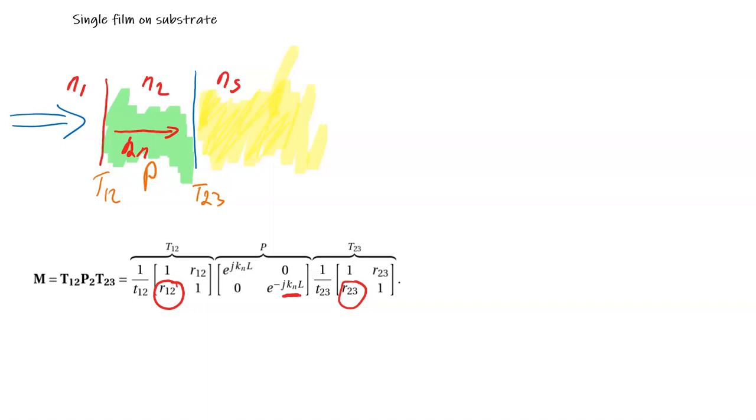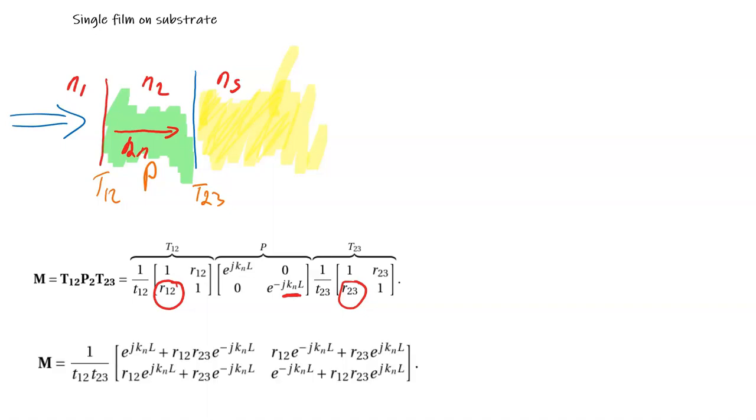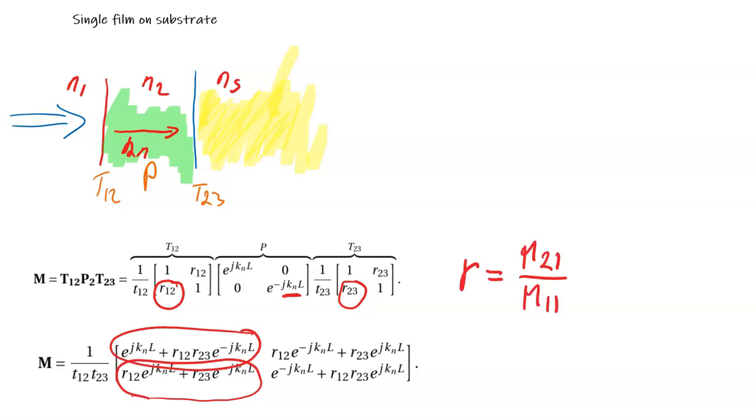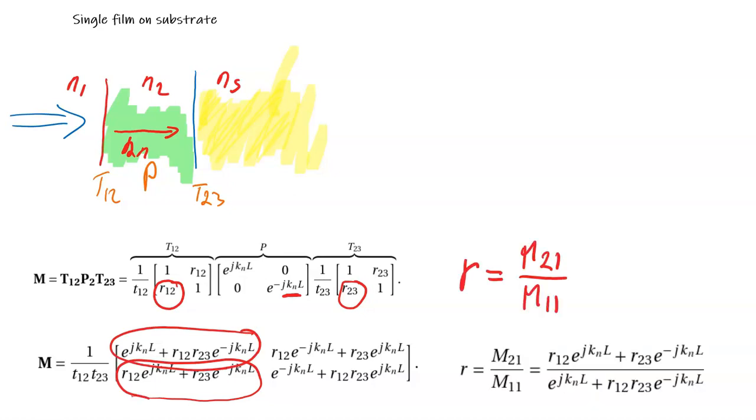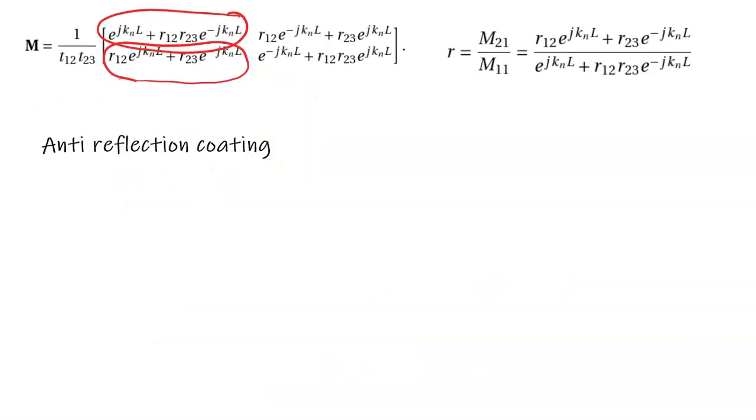And when we calculate the product, reflection for the single film can be easily identified from this matrix as the ratio of the elements M21 and M11. And now we have an analytical solution for the reflection of the single film.